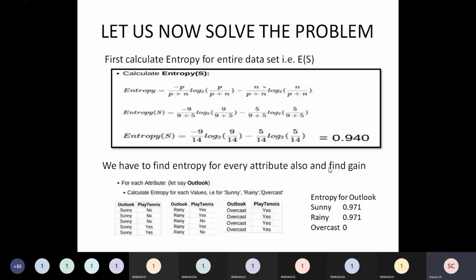Minus P by P plus N log of P by P plus N, minus N by P plus N into log of N by P plus N. So friends, I'll substitute the values of positive and negative examples. In my entire data set, I have 14 records, 9 are positive. So minus 9 by 14 log 9 by 14, minus 5 by 14 log 5 by 14. Now, before we move on, the entropy value is 0.940.